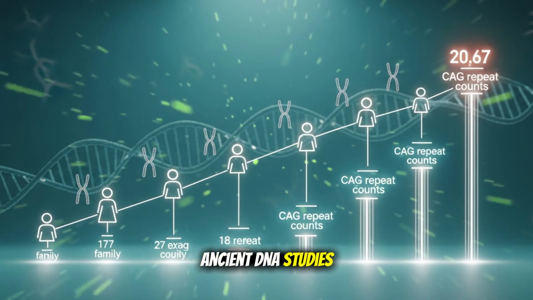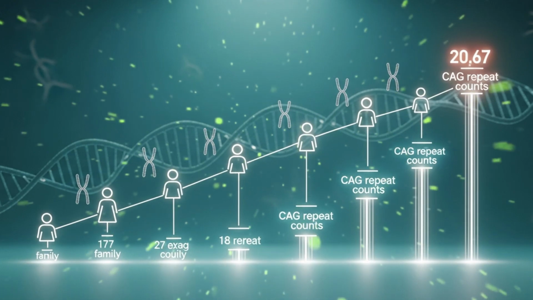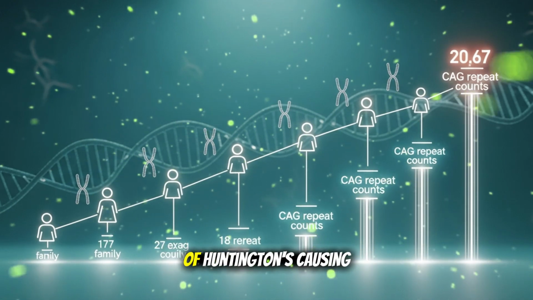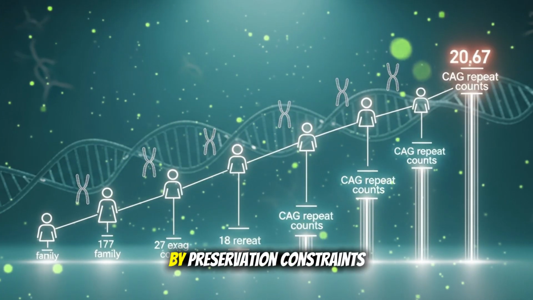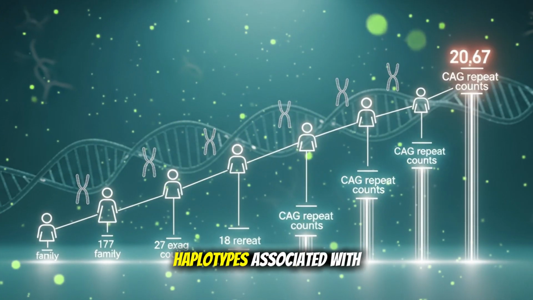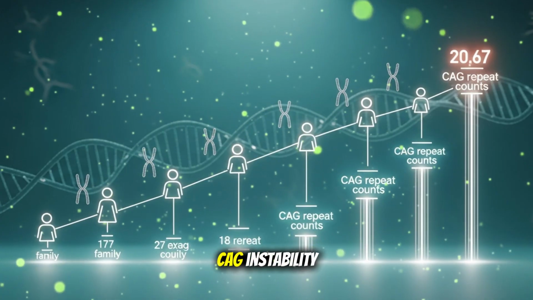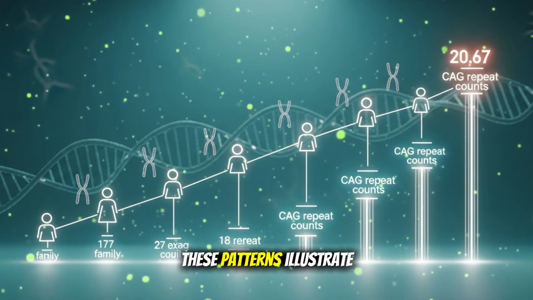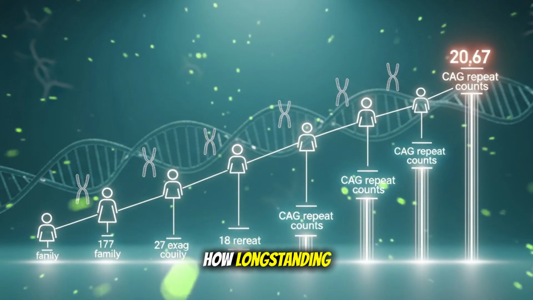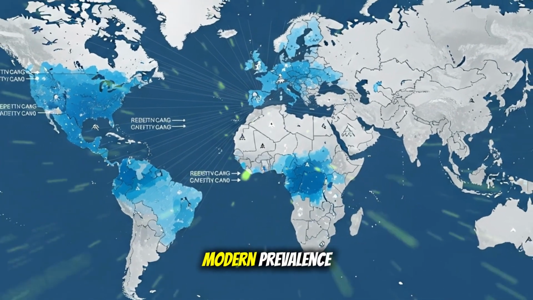Ancient DNA studies provide complementary evidence, although direct identification of Huntington's causing expansions in ancient samples is limited by preservation constraints. Haplotypes associated with CAG instability can be mapped through historical gene flow. These patterns illustrate how long-standing demographic structures influence modern prevalence.